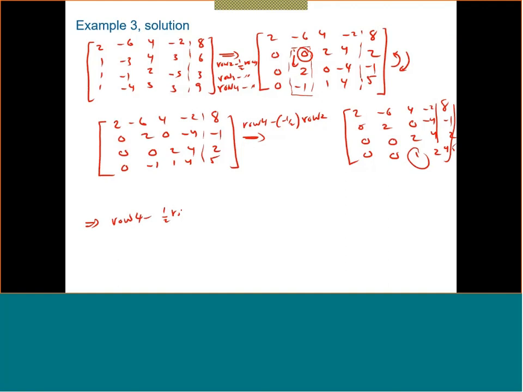Now, this is the interesting part in this question. This is what I will get. If I do this, I will have 2, minus 6, 4, minus 2, 8, and then 0, 2, 0, minus 4, minus 1, and then 0, 0, 2, 4, 2, and then 0, 0, 0, 0, 3 and a half.